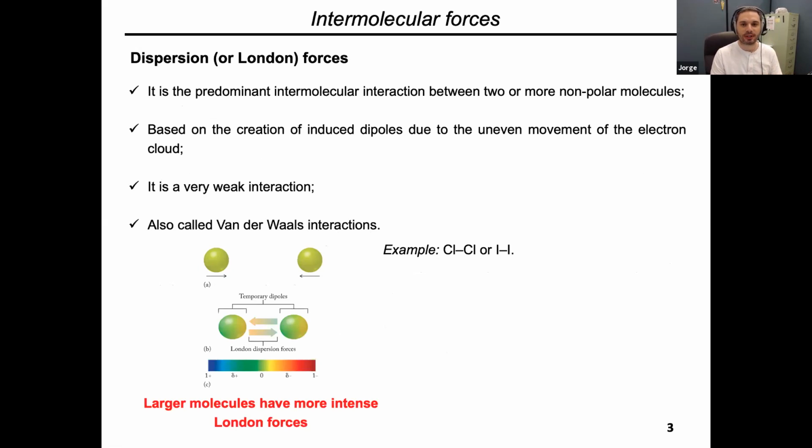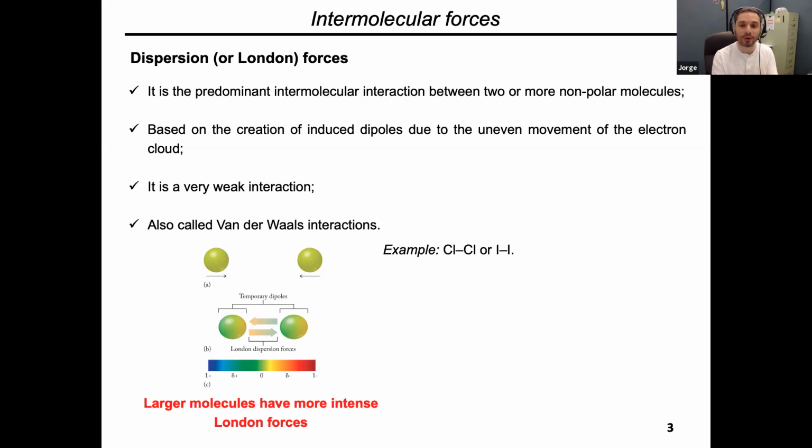So the first intermolecular force that I will present you is called dispersion or London intermolecular forces. Dispersion forces are the predominant intermolecular interaction between two or more nonpolar molecules. Okay, so this is where dispersion forces will have a high influence.